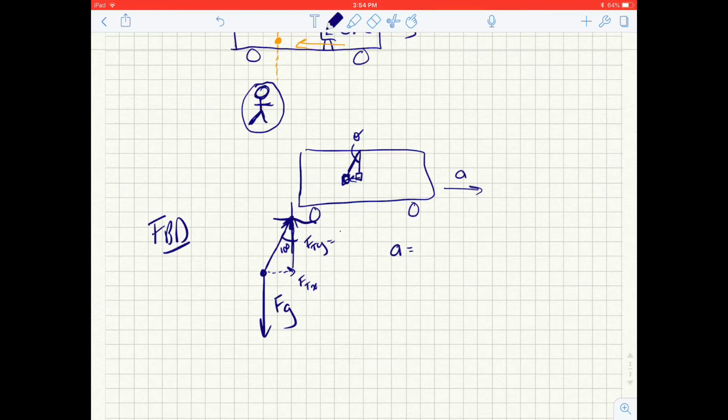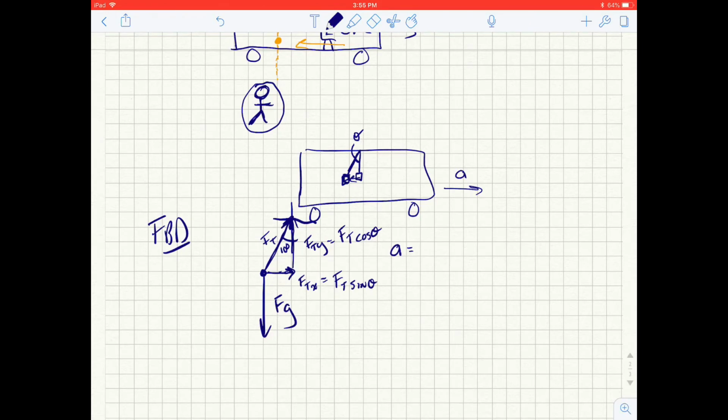It is whatever the tension force is, this vector here, multiplied by the cos of theta, and the x component of the tension force here is going to be the tension force, which is the hypotenuse, multiplied by the sine of theta.